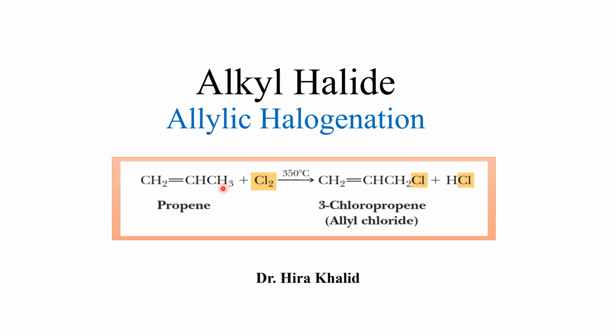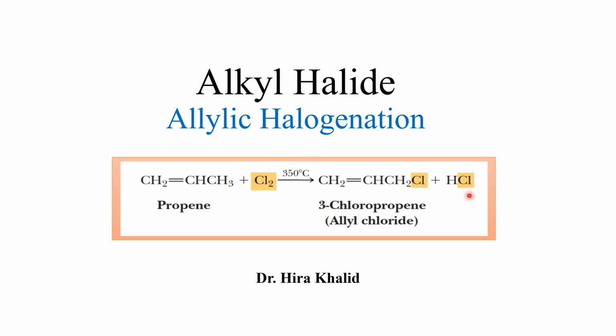Here is an alkene reacting with a halogen at a very high temperature, and we get a product, an allyl halide, which is 3-chloropropene, or in common words, allyl chloride. And HCl is a side product produced here.